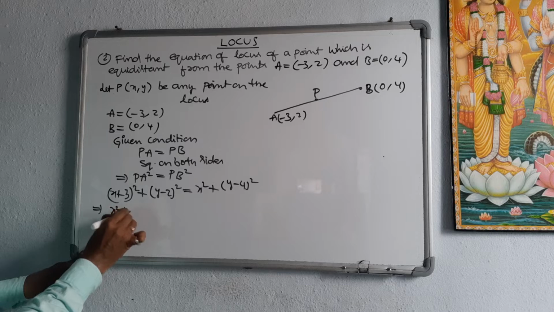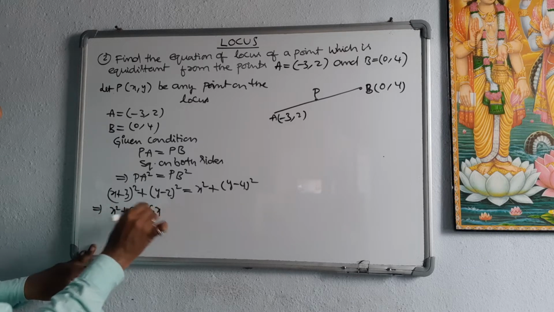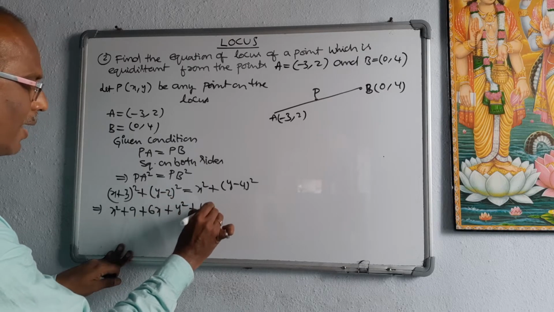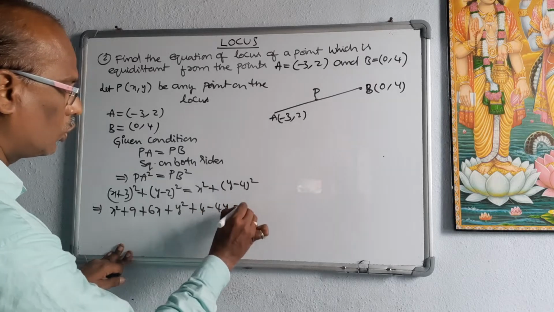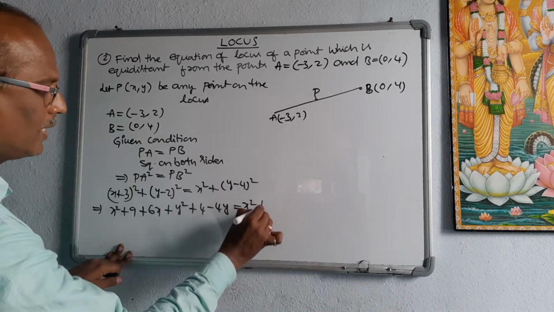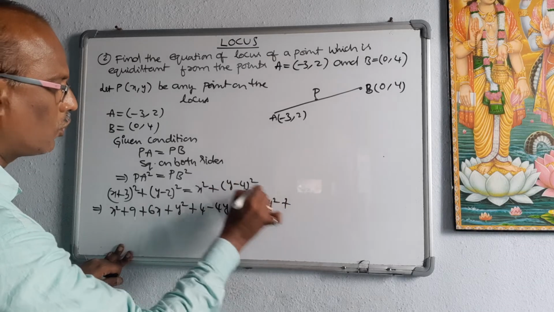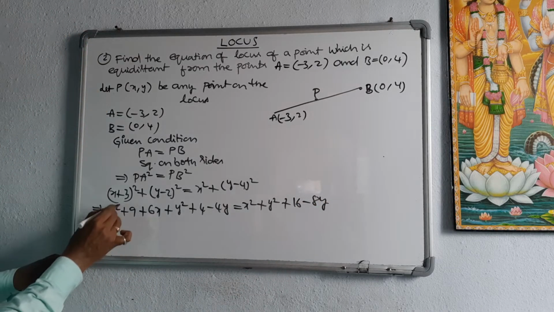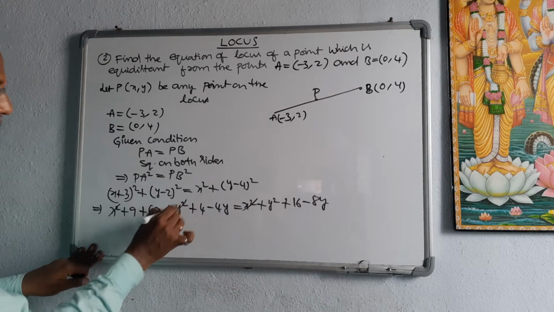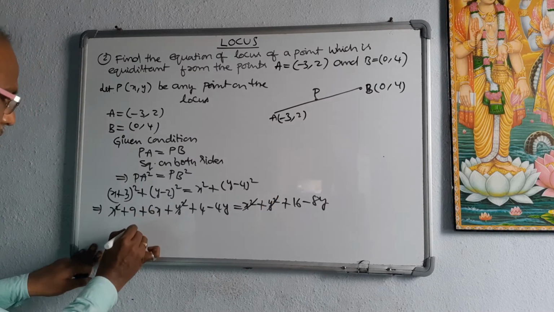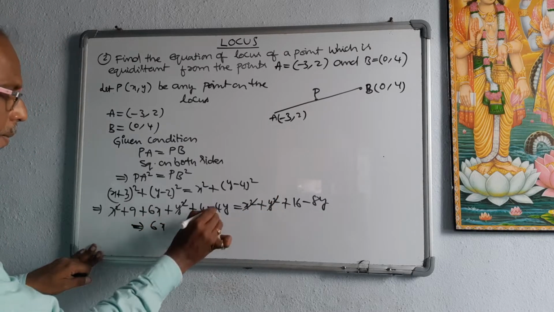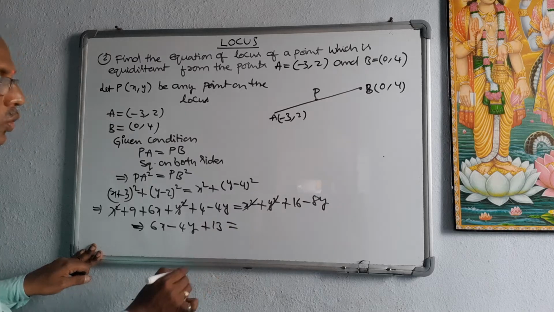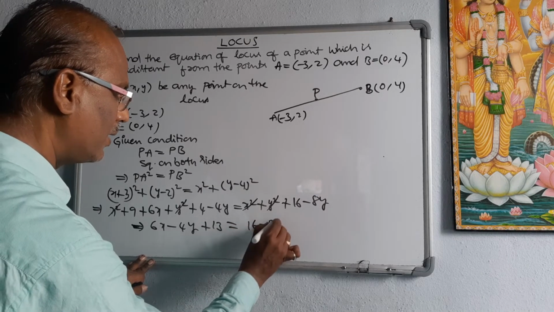x square plus 3 square 9 plus 6x, y square plus 2 square 4 minus 4y equal to x square plus y square plus 4 square 16 minus 8y. Here x square gets cancelled, y square gets cancelled. 6x minus 4y plus 9 plus 4, 13, is equal to 16 minus 8y.